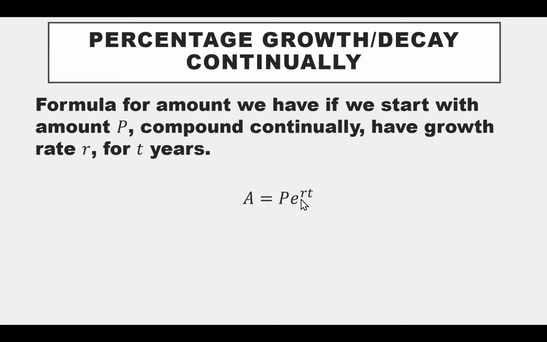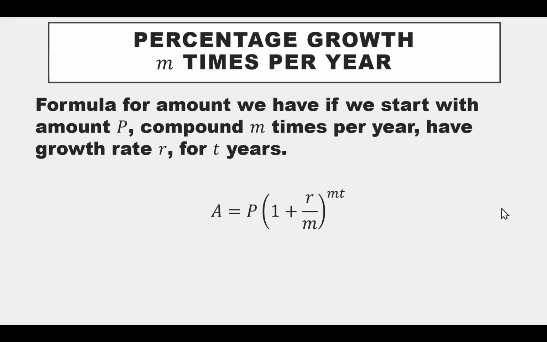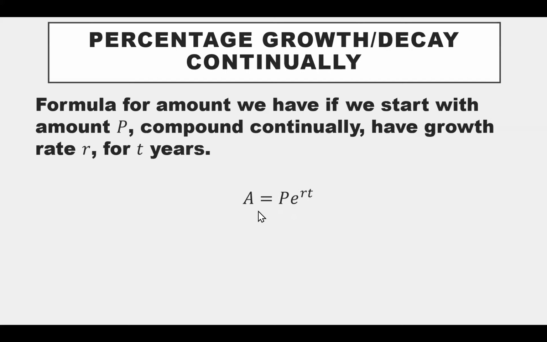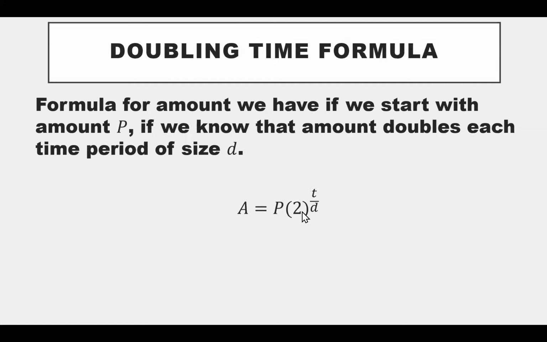If the growth rate is in decades, then t could be in decades. If the growth rate were in thousands of years, then t could be made into thousands of years. That's in both of those cases, both compounding m times per year or compounding continually.